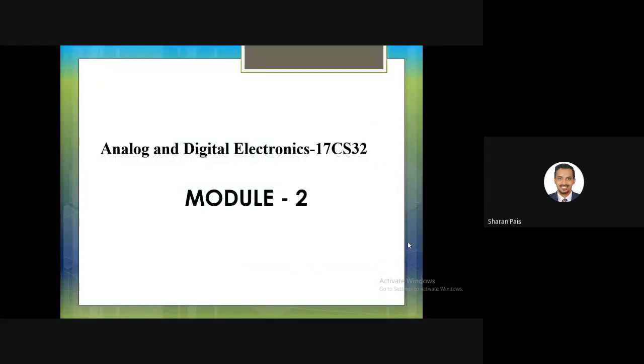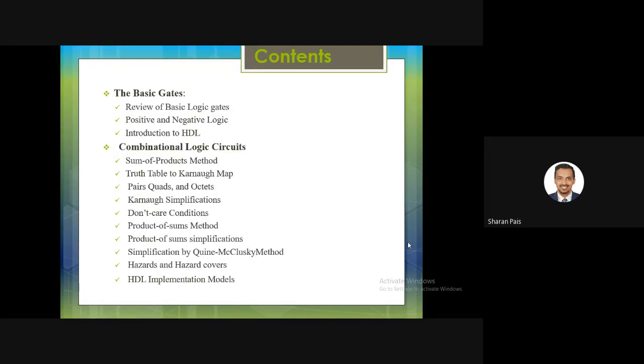So I'll be doing module 2 now. That is your digital electronics. So module 1 is your analog part, and modules 2 to 5 will be the digital part. Fine. So these are the things we have to discuss in this.